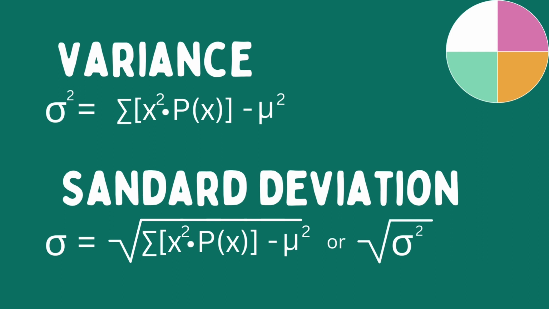Now, the variance, denoted by sigma squared, is equal to the summation of x squared times P(x), or the probability of x, minus the mean squared. And the standard deviation, denoted by sigma, is simply the square root of the variance, or sigma squared.